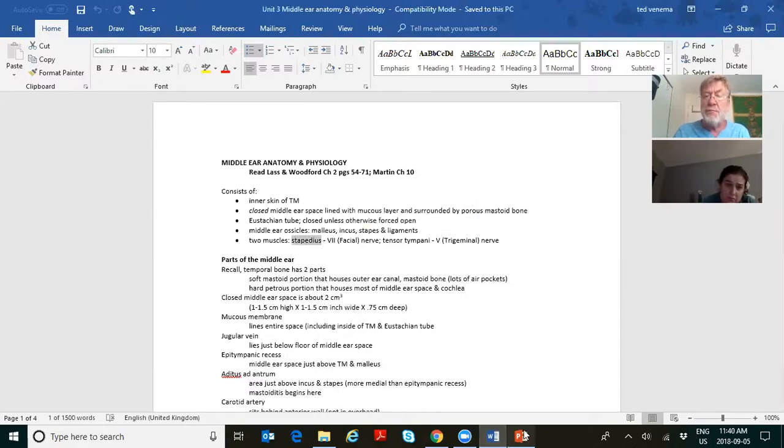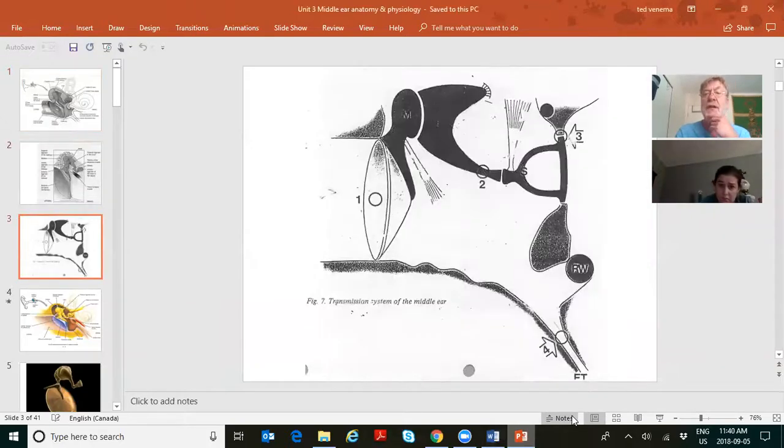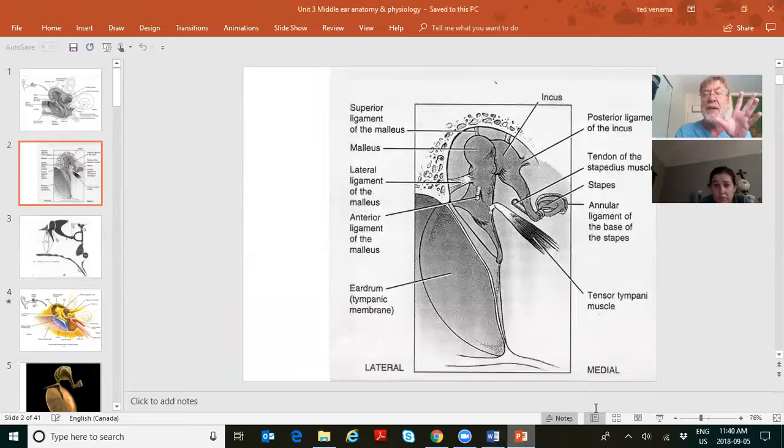And these 2 muscles pull on the middle ear bones. So here's a picture, just to give you an idea, okay? This is, again, the eardrum, the malleus, incus, stapes, and here's a ligament holding the malleus bone. And look at this. That's the tensor tympani muscle.